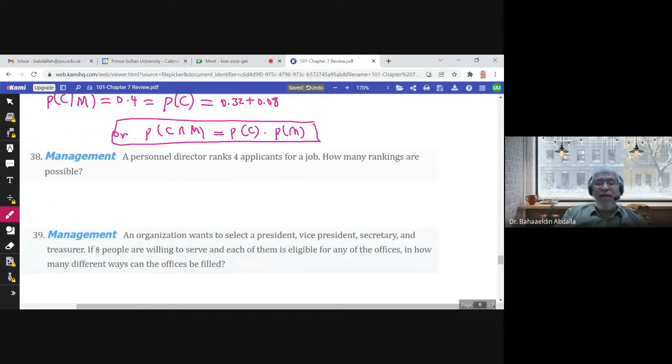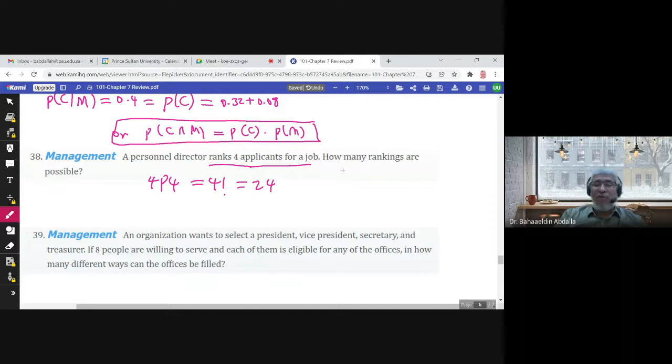A personnel director ranks 4 applicants for a job. How many rankings are possible? We need to rank 4 people. So 4P4 or 4 factorial. This is one way.